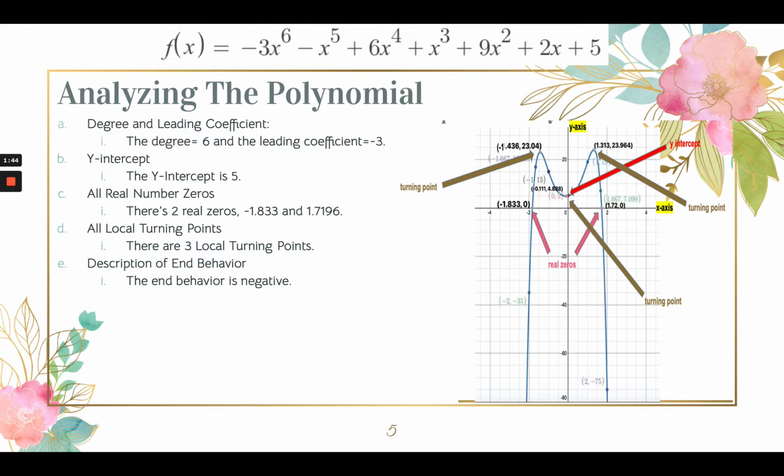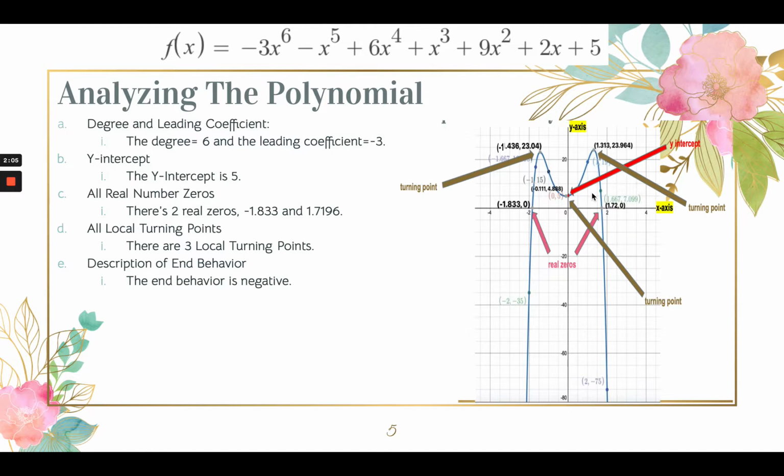Analyzing the polynomial, the degree is 6 and the leading coefficient is negative 3. The y-intercept is 5. There are two real zeros, which are negative 1.833 and 1.7196. There's a total of 3 local turning points and the end behavior is negative.